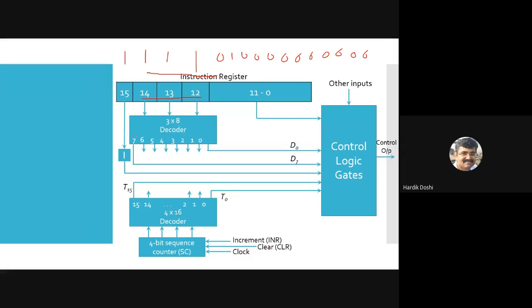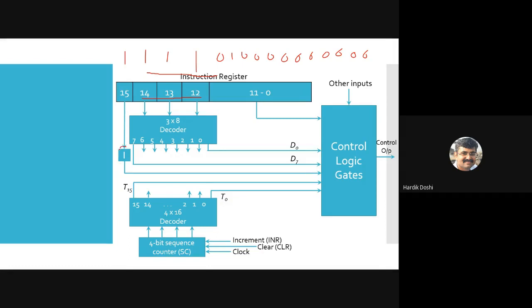So can you make out that in register reference also D7 was 1, and in the IO instruction also D7 is 1? Am I correct? Yes or no? Then how will the computer decide whether it is register or IO?